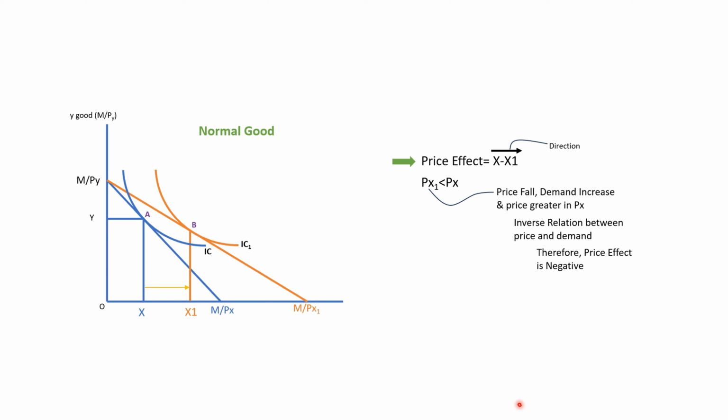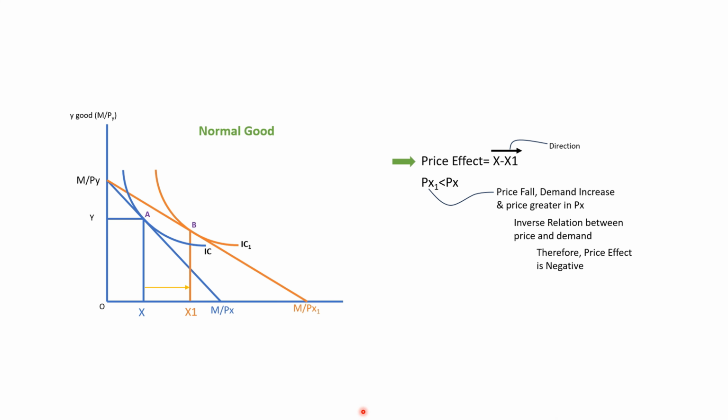When the price of good X decreases, the budget line has shifted from M by Px to M by Px1, and we got a new indifference curve, and it tangents the budget line at point B, and the demand is x1. The shift from x to x1 is called the price effect.